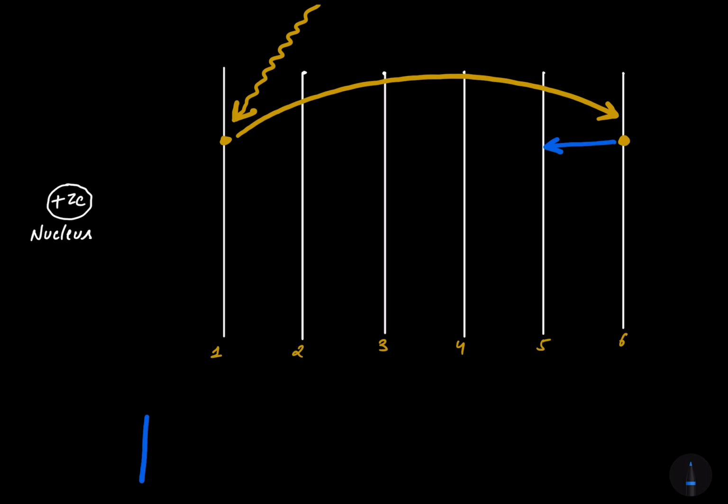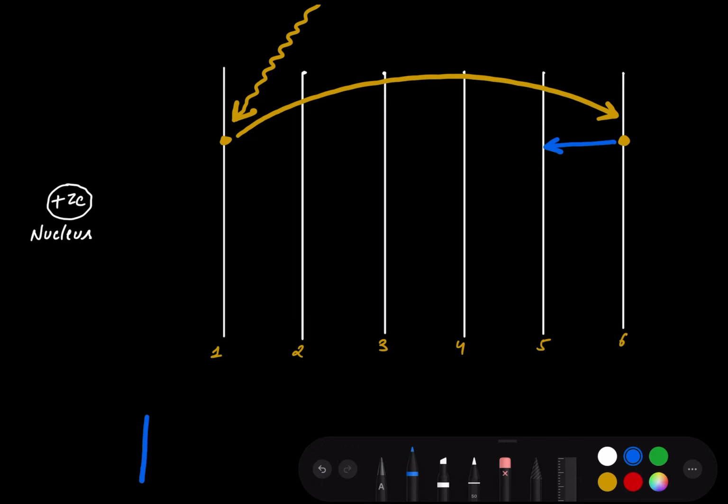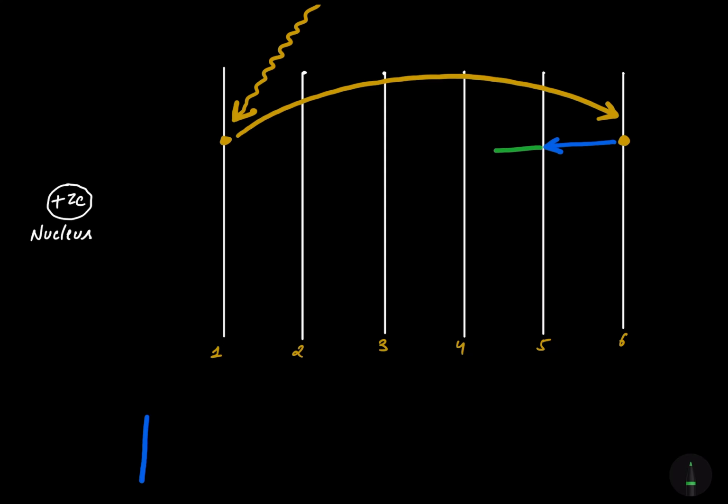Now when the electron comes from 5th to the 4th orbit, it will emit two photons. You have to increase one photon at each transition. 6 to 5, it was the one photon. Now 5 to 4, the electron will emit two photons. Two photons, you will get the two more spectral lines.